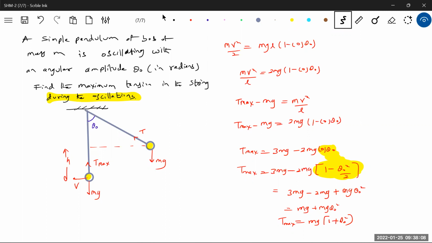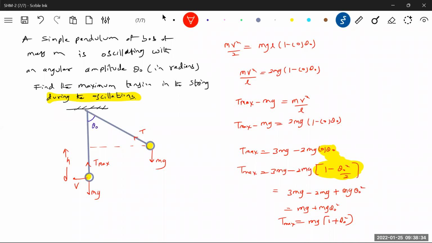You need not mention that theta naught is a small angular displacement, because we know that the simple pendulum we use in the lab will be for small angular displacement only. I think keeping the lab conditions in mind, it might have been stressed here.